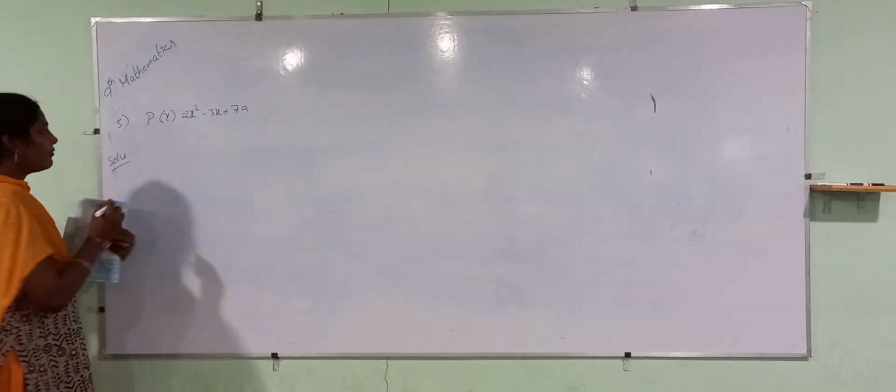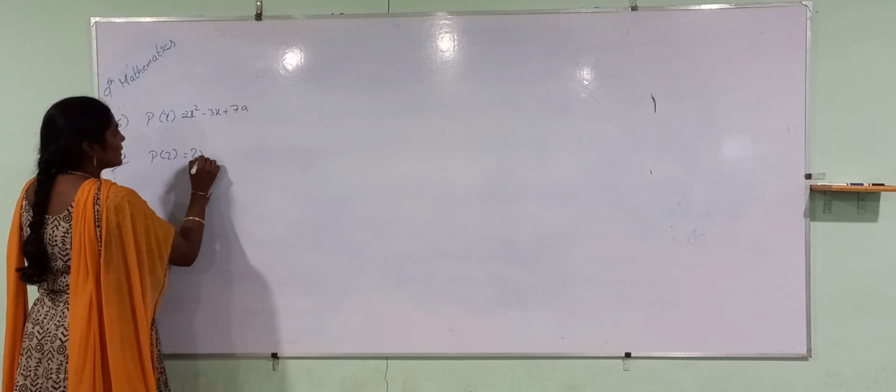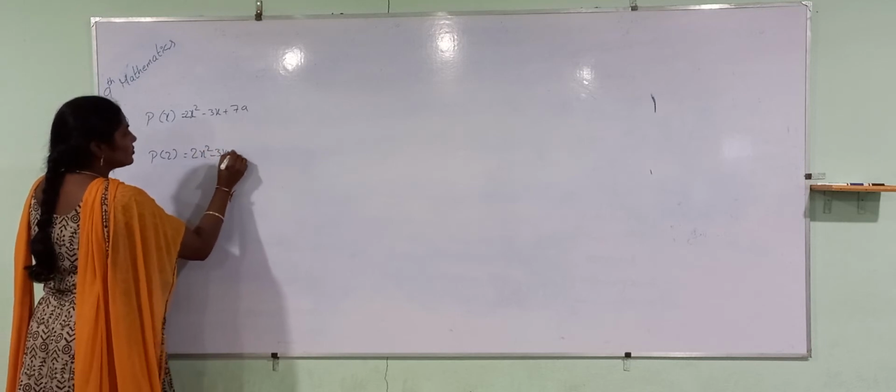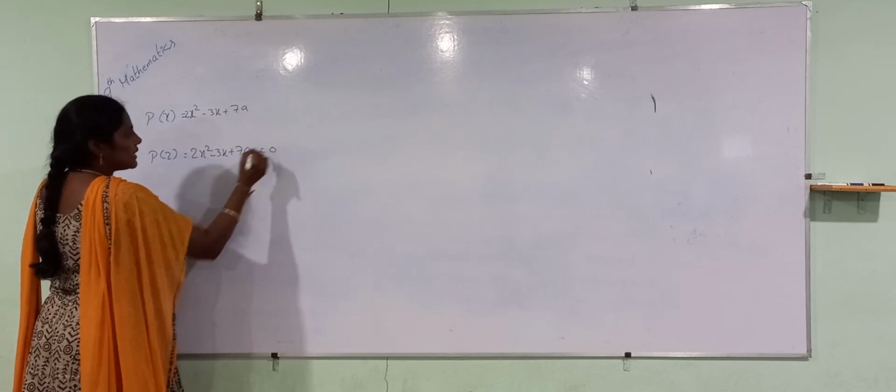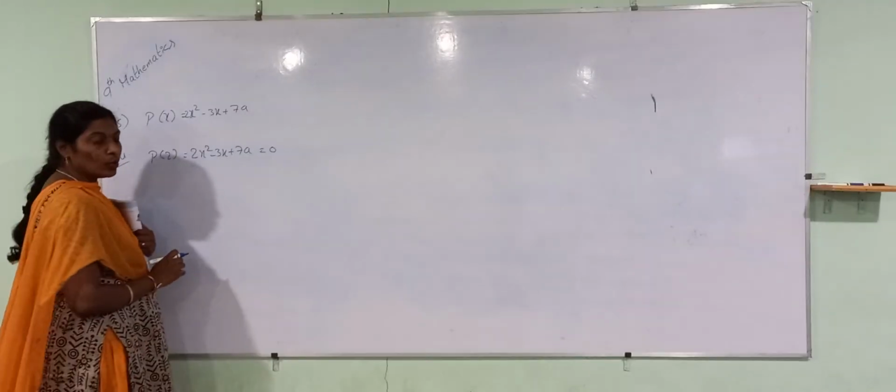Fifth one, p of x is equal to 2x square minus 3x plus 7a. So this is the problem. What they said is, when it is 2, p of 2, the whole expression will become 0.